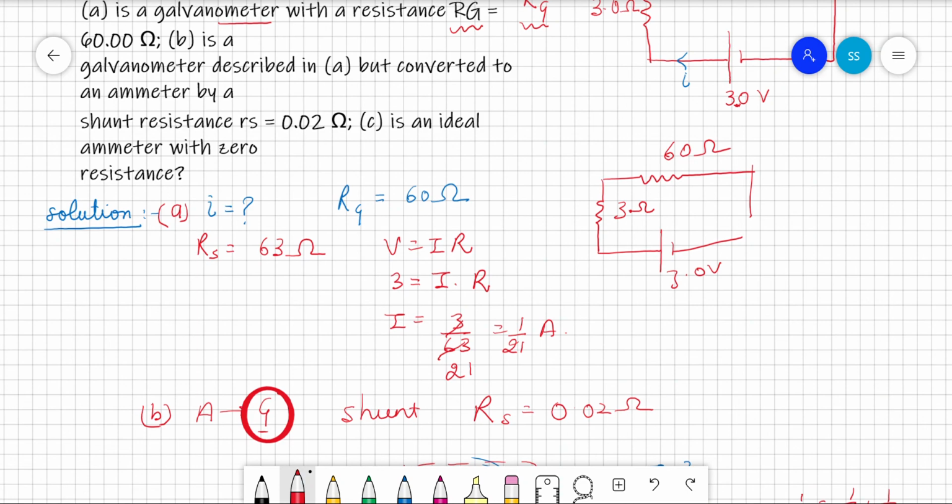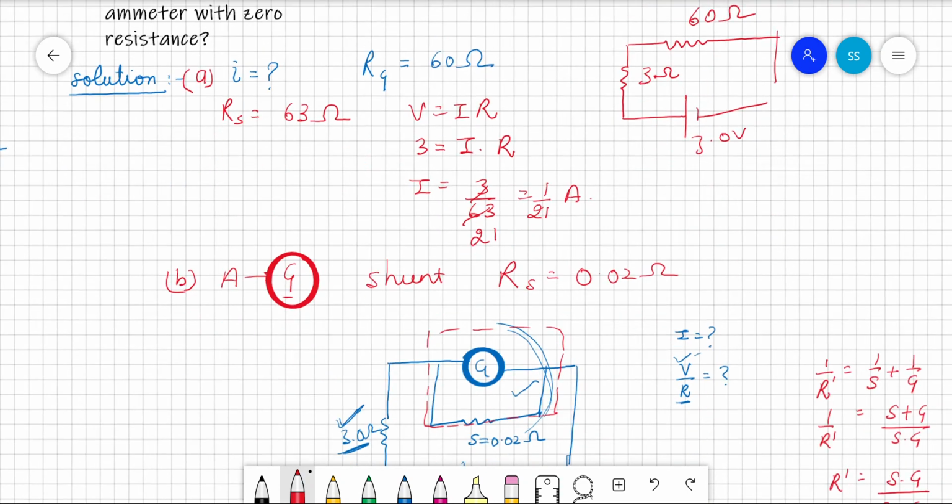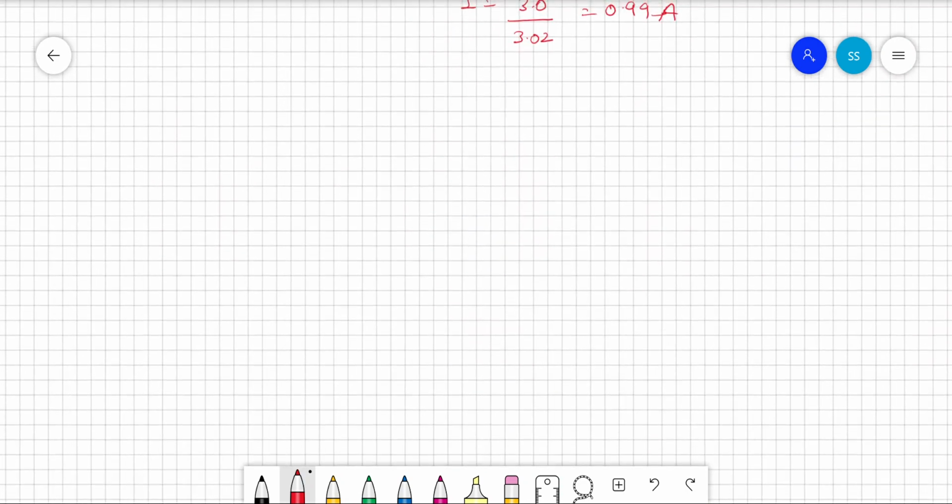The C part states that it is an ideal ammeter with zero resistance. Ideal ammeter means zero resistance.